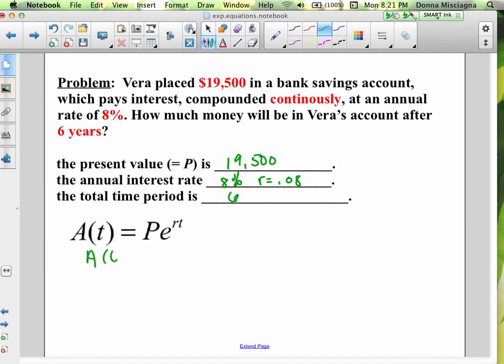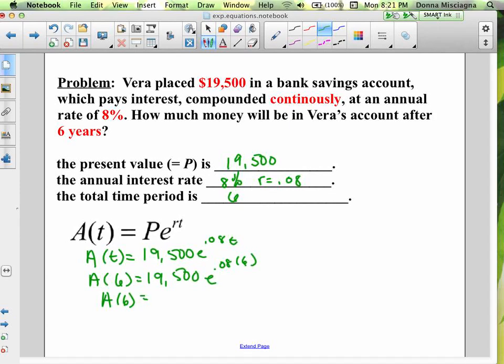So A of t equals 19,500 e to the 0.08t. I want to find out how much money Vera has after 6 years. Let's find out.